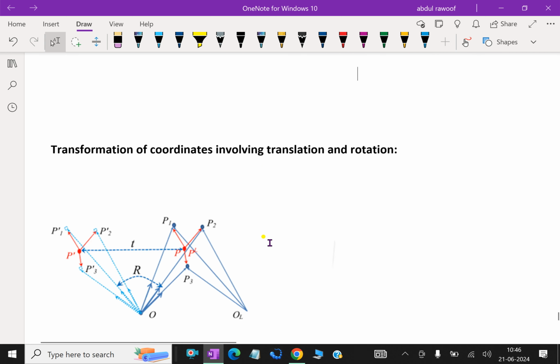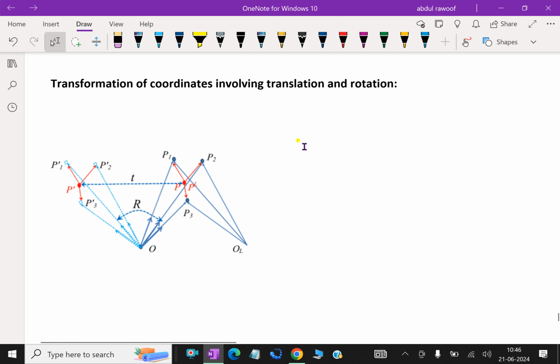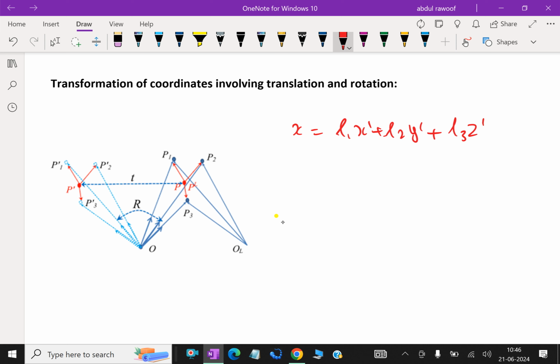Next, transformation of coordinates involving translation and rotation. That means first the point is translated, then it is rotated, so we have translation and rotation together. For this, we write x equals L1 x dash plus L2 y dash plus L3 z dash plus x0, where x0 is the initial point.